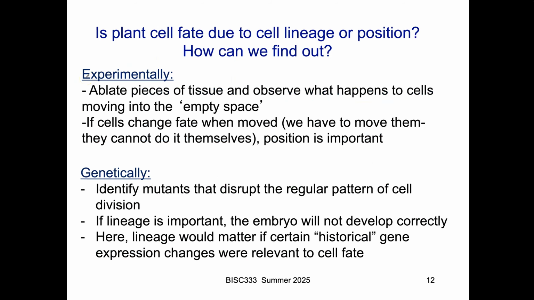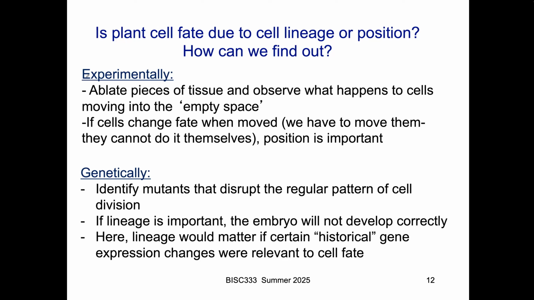The next question, which is just part of the introduction, is to ask if plant cell fate is due to cell lineage, that is, the different cell divisions it's gone through, what its parent cell was, what genes it happens to be expressing, and so on, or position. This is kind of like asking if the cells are specified or determined in a way.